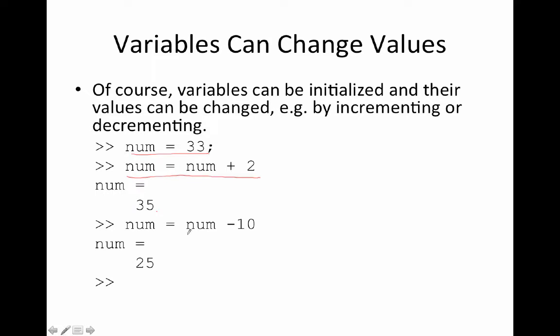And then I could take that current value of num, 35 minus 10, and store the result 25 in the variable num. And again, if I don't suppress the output here, MATLAB is going to come back and show me what the value of the variable is. So if you do suppress the output, it stores the value, it just doesn't show it to you.